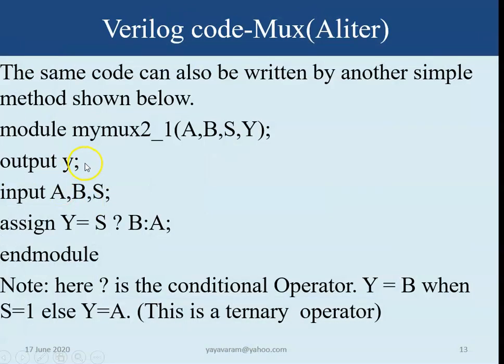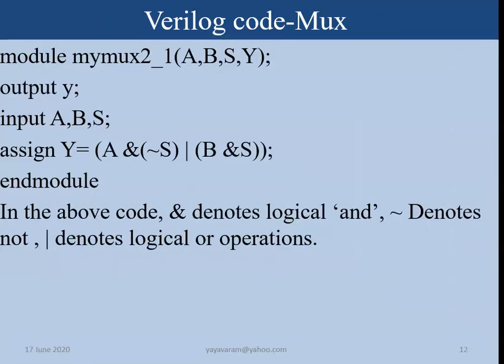So how do you write the assignment statement here? Assign Y is equal to A and complement of S, A dot S complement, plus meaning OR, B logical AND S, B dot S. This is a simple expression: the right hand side will be evaluated and assigned to Y, that means output Y is equal to so and so.